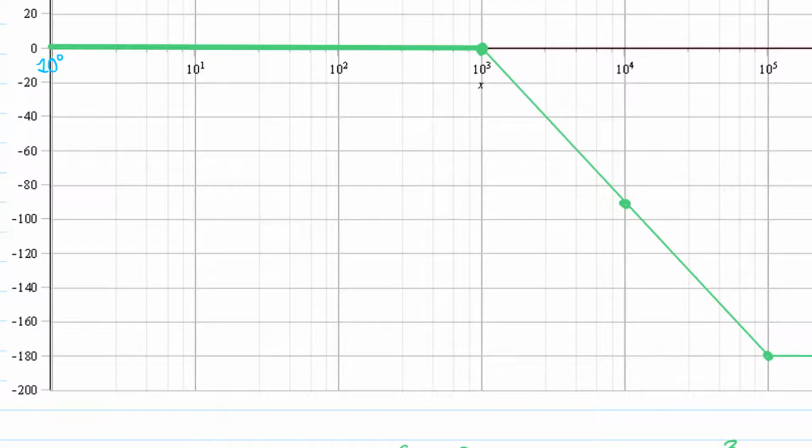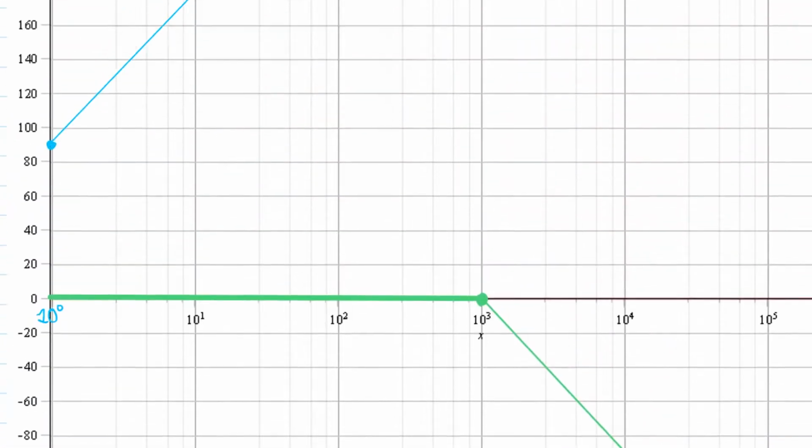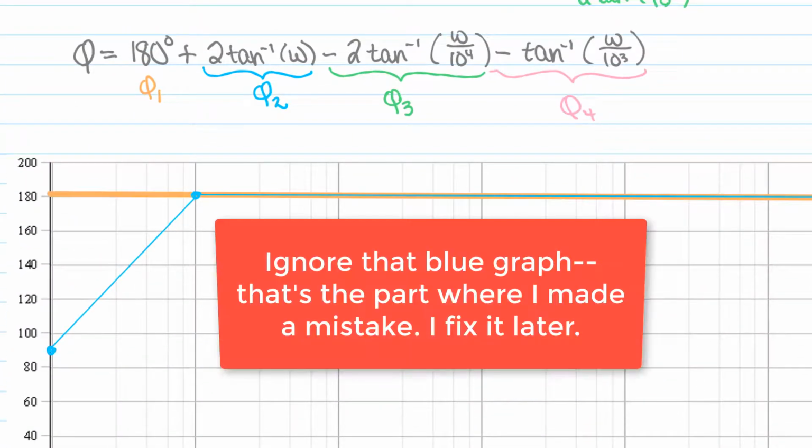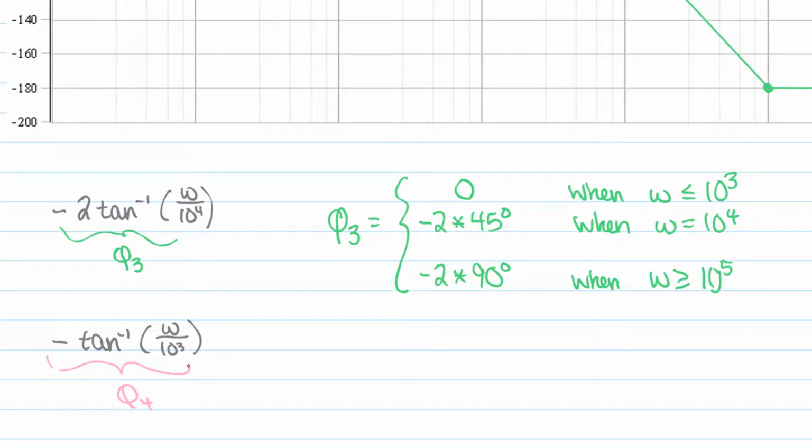Okay, one more term left. The phi sub 4. I'm going to do that under the graph as well. Okay, so phi sub 4, and there are 3 key values. So 0, and then 45, but we're multiplying it by a negative, and 90, but we're multiplying it by a negative.